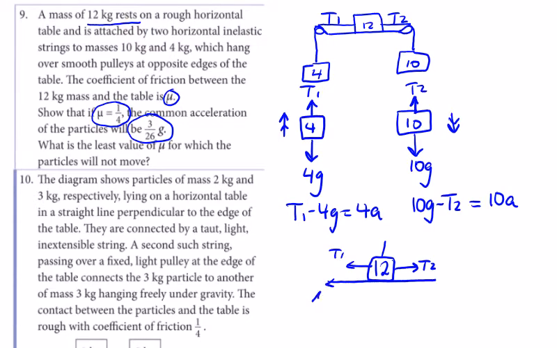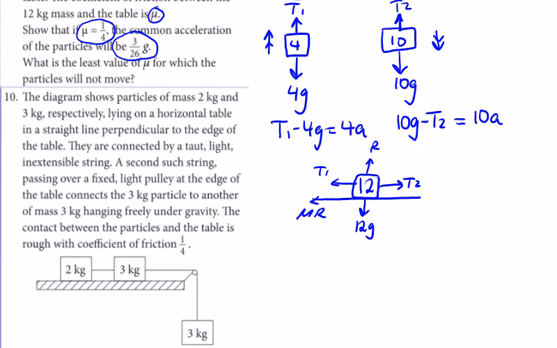Put my mu R here. R, and mg, 12g. So my reaction R is equal to 12g. So mu R is equal to a quarter times 12g, which is equal to 3g.